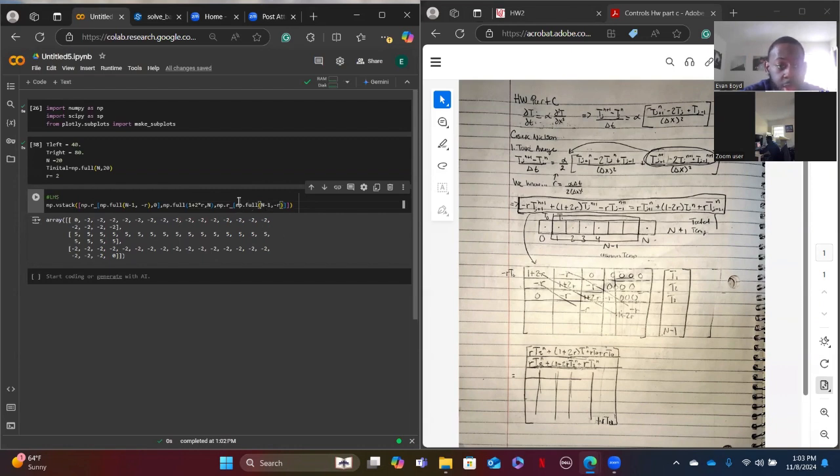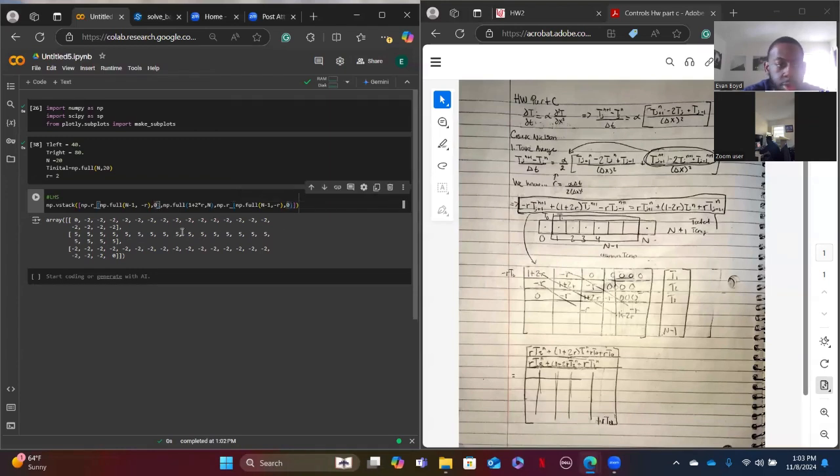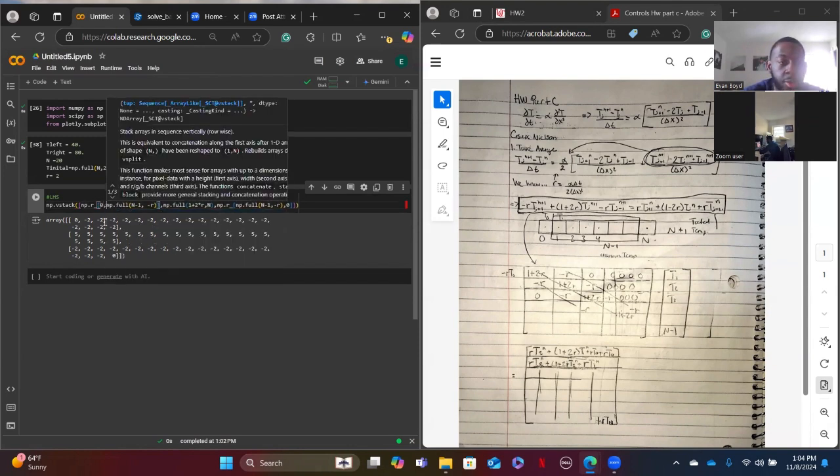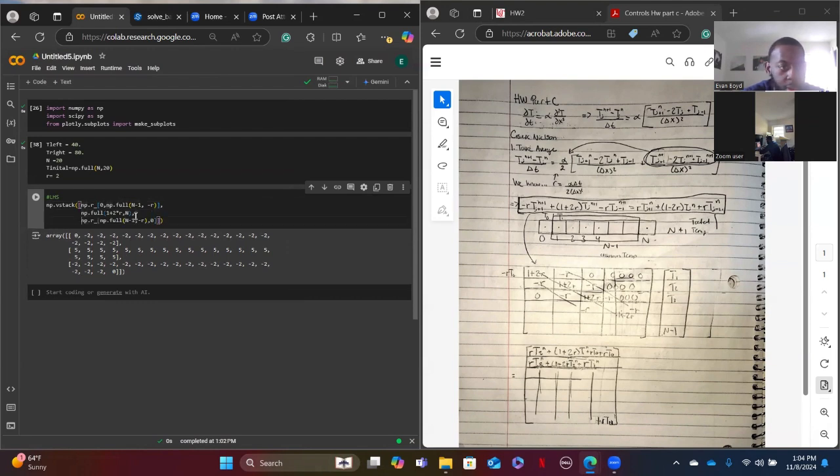It should be represented on the outside right here. And the same for the first NP dot R for the left negative R: the 0 should be over here in the beginning, before we get to the NP dot full of N minus 1 to negative R.